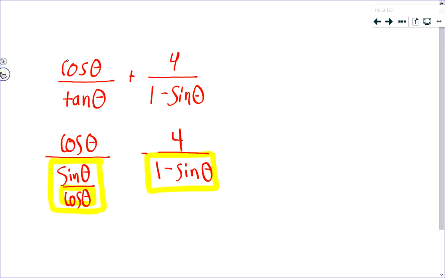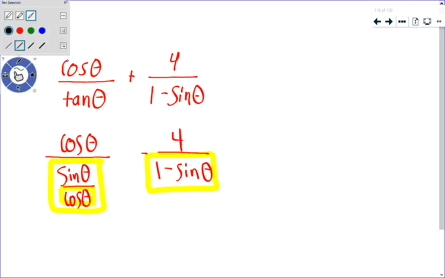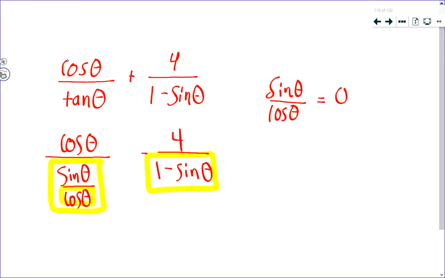So what we end up writing, we actually have 3 denominators here, is we write that sine of theta over cos of theta is not allowed to be 0, because that's a denominator. We write cos of theta is not allowed to be 0. We write 1 minus sine of theta is not allowed to be 0.